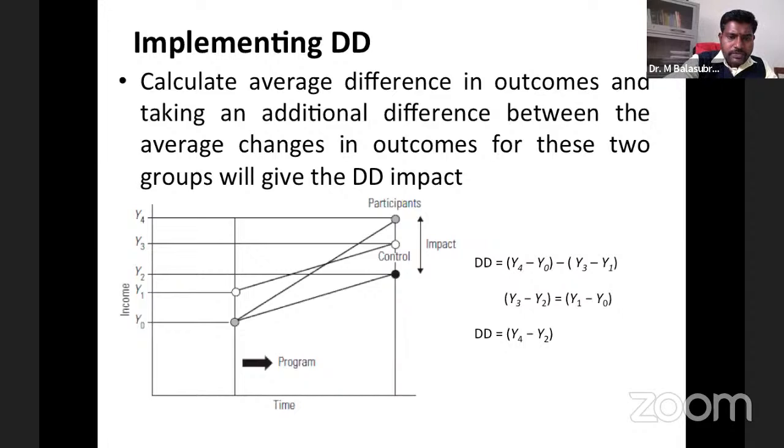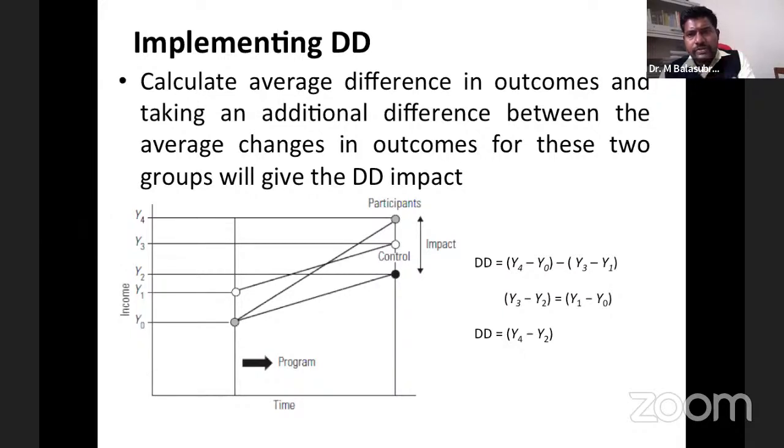And the participants, what they were having, their earlier income before the program was implemented, then after the program was implemented, that can be given in another line. And here you can have the difference.